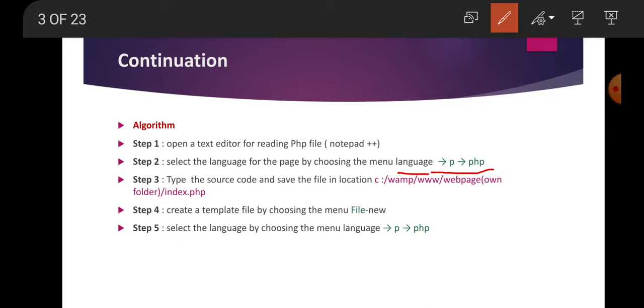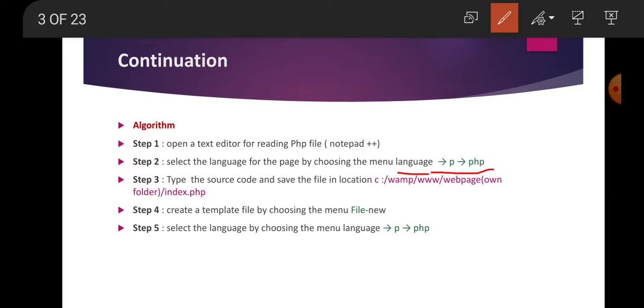Here, I create a folder under www as web page, and the file name is index.php. Each and every web page or website has many files. So, you may collectively store them under a single folder. So, I create a folder as web page. First, I store the index.php.